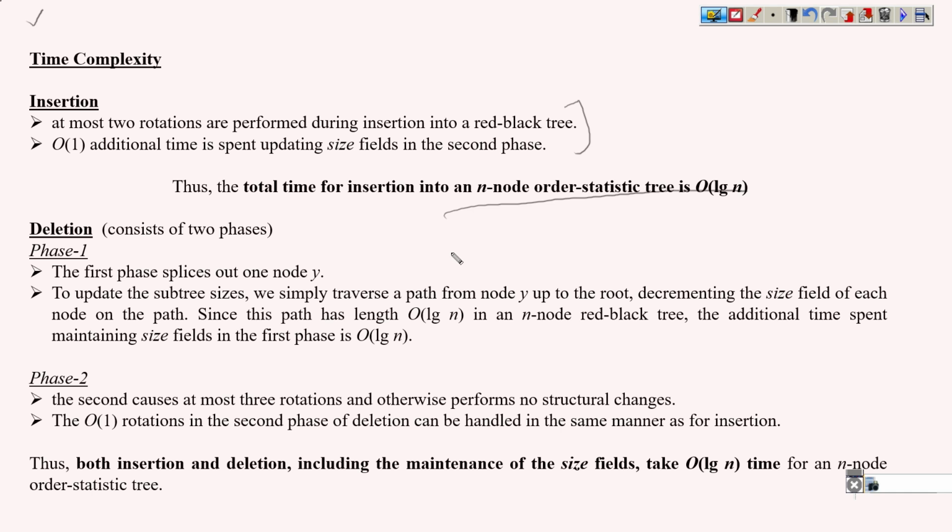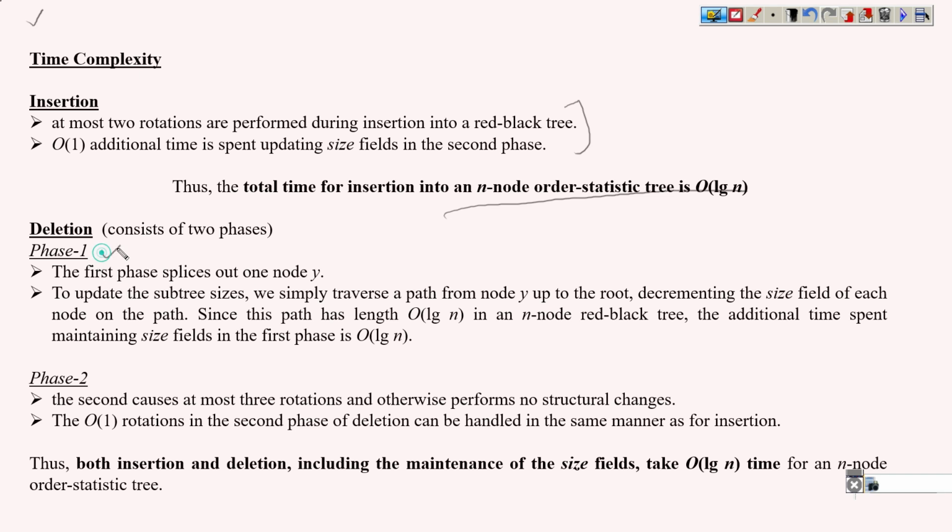We start from the root node and search for the node that needs to be deleted, and we decrement the size field. So again, we are able to manage the size property, and the effort is almost constant, so it does not change the actual log n cost.